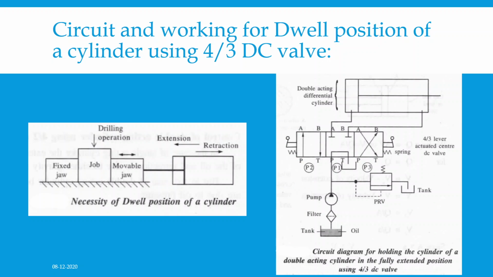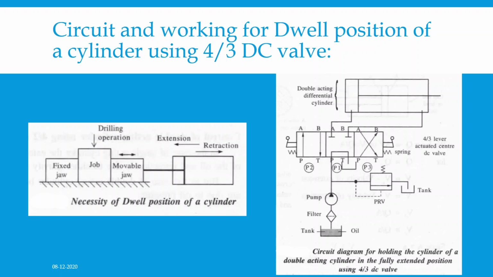Now the circuit diagram as well as the working for a dwell position of a cylinder with a 4 by 3 DC valve is as follows. Port A and port B of the 4 by 3 DC valve are connected to the head end and rod end respectively of the double acting cylinder, which you can see in the figure on the right hand side.